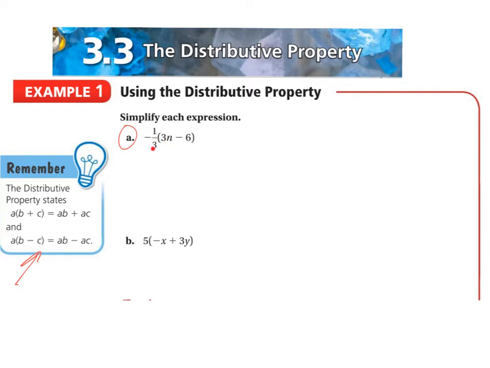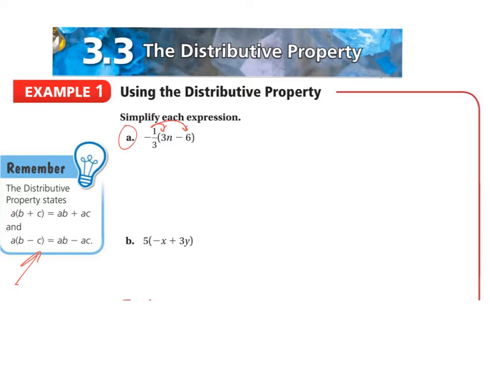So therefore it's not just negative 1/3 times 3, it's negative 1/3 times both of the terms, this whole expression. So a lot of times we like to just draw the line, so we're going to multiply by this and then multiply by this.